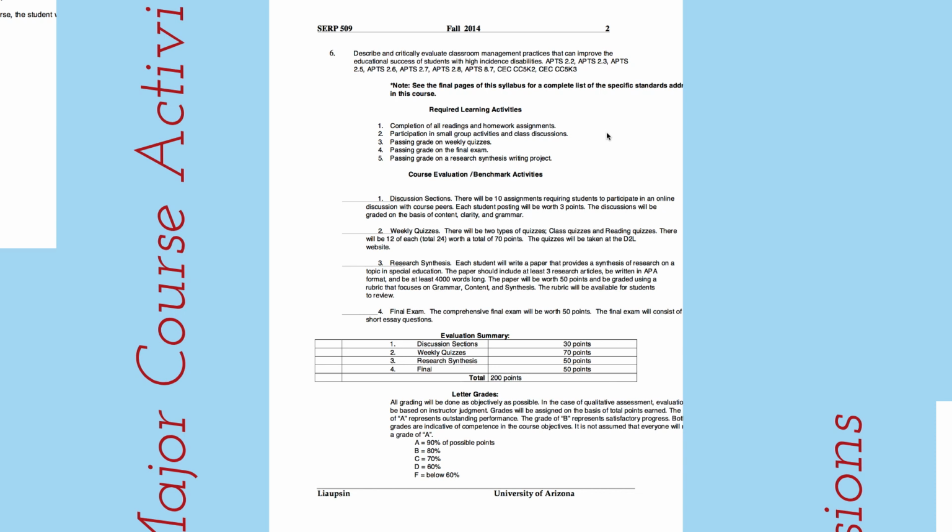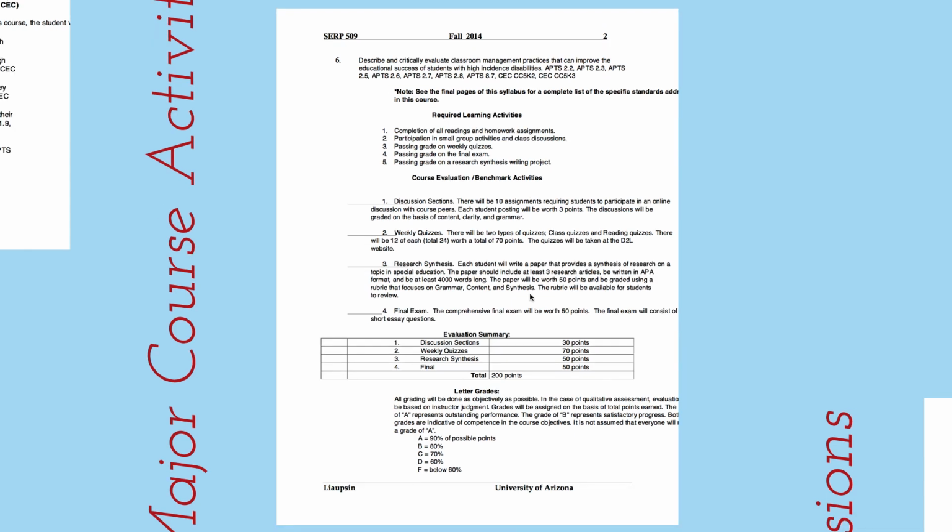Good APA format, kind of synthesizing 3 research articles in one subject area, and I grade that using a rubric. It says on grammar, content, and synthesis. And then there's the final exam, and the comprehensive final exam in here is worth 50 points. It's short essay questions, pretty much taken from the weekly quizzes, right?